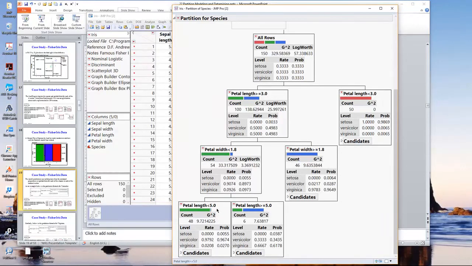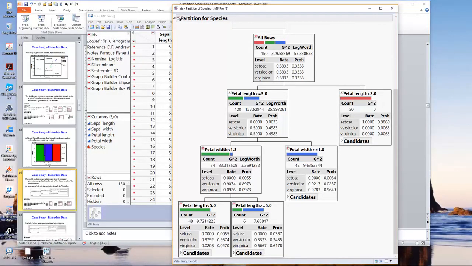So the way you would read this, by the way: first petal length is greater than 3, petal width less than 1.8, and then petal length is less than 5, 98% are versicolor, and if it's greater than 5, then about 67% would be virginica. But notice in the layer above, we've already gotten a model which separates virginica.